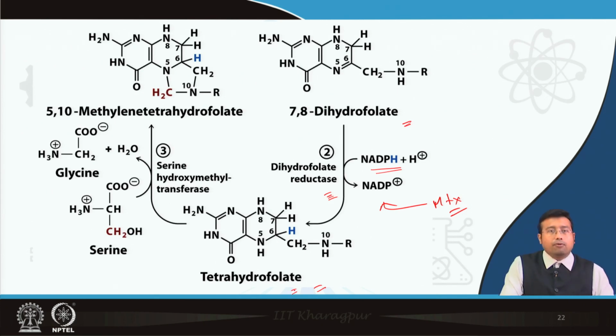So we got tetrahydrofolate. Now in this reaction, tetrahydrofolate to methylene tetrahydrofolate, again there is a transfer of a methyl group. Basically this accepts a methyl group to regenerate N5N10. Who donates the methyl group? If you can connect to your previous class where we discussed synthesis of serine and glycine, SHMT, serine hydroxymethyltransferase.